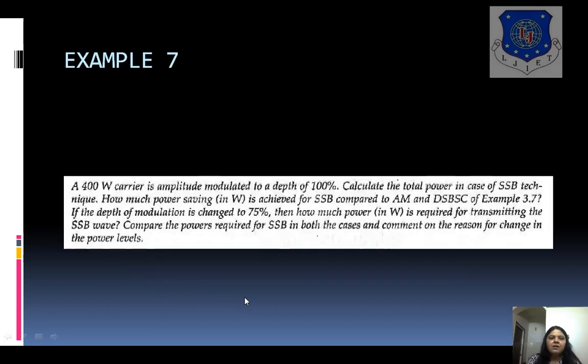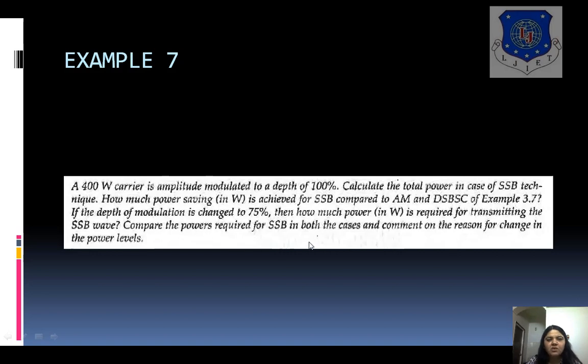Example number 7. A 400 watt carrier is amplitude modulated to a depth of 100%. Calculate the total power in case of SSB technique. How much power saving in watt is achieved for SSB compared to AM and DSB-SC? If the depth of modulation is changed to 75%, then how much power is required for transmitting the SSB wave?